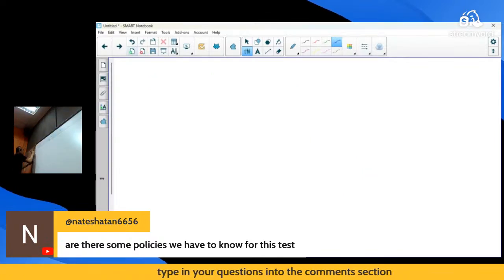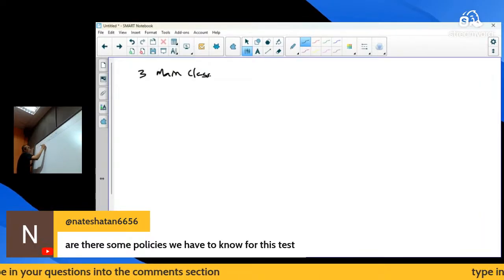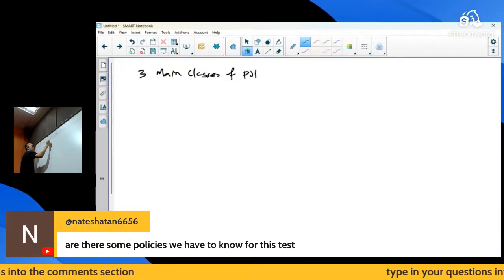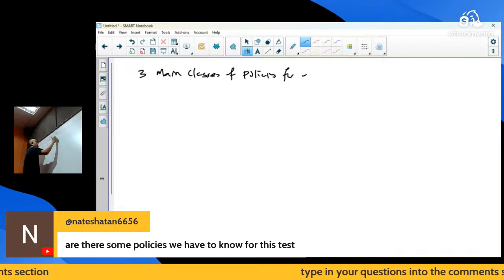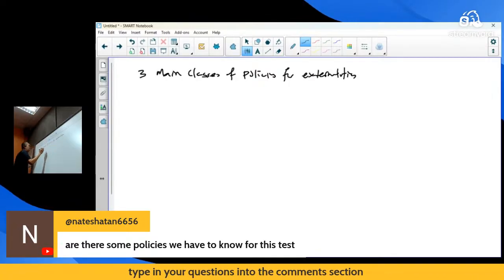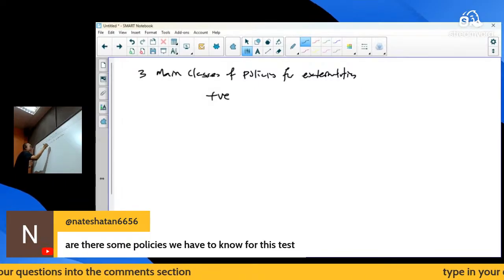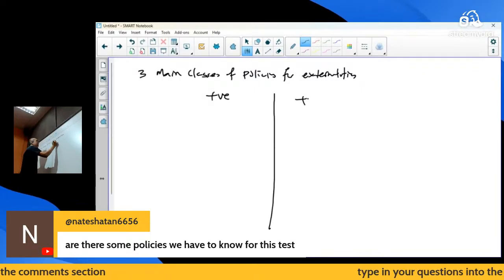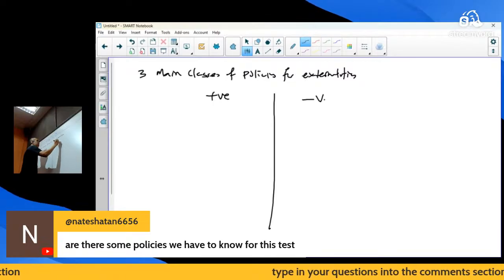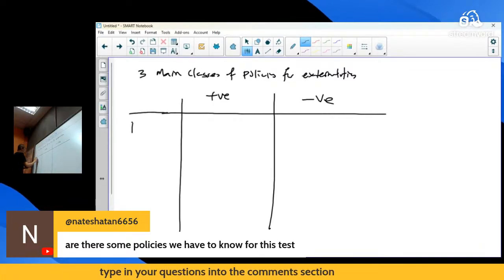So the three main classes of policy for externalities, for positive externality versus negative externality. The first class of policy is called public campaigns.